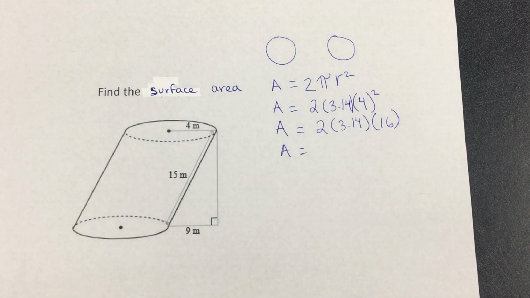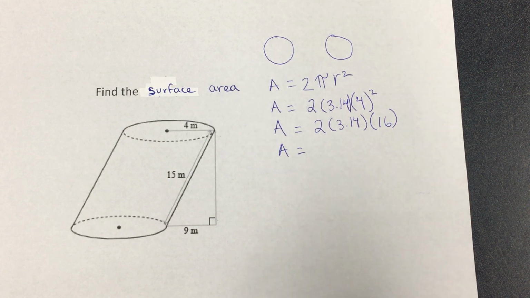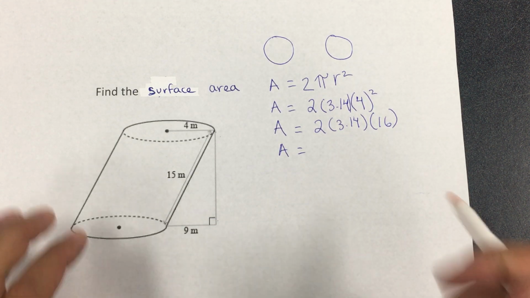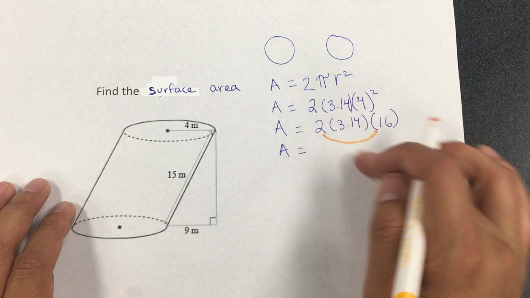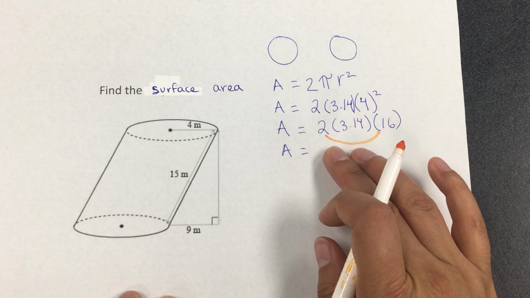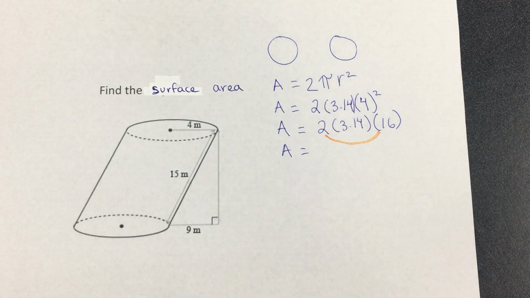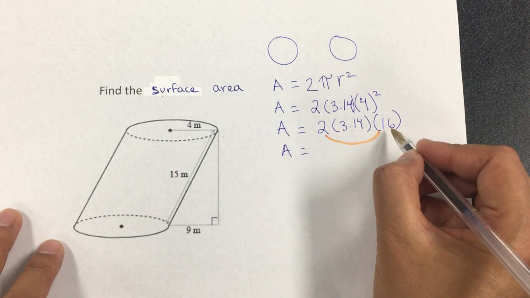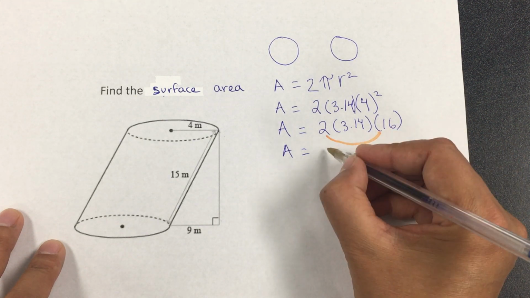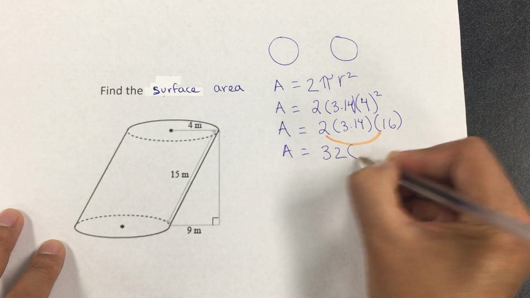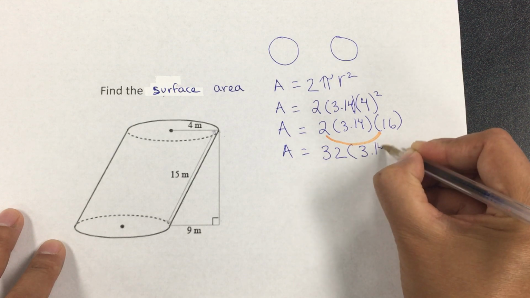And somebody asked me, teacher, can I just multiply this in the calculator? That's fine. Some teachers prefer for you to do step by steps, so it all depends what you're asked to, but with me, it's fine if you use your calculator already in here. Okay, so 2 times 16 is 32 times 3.14.